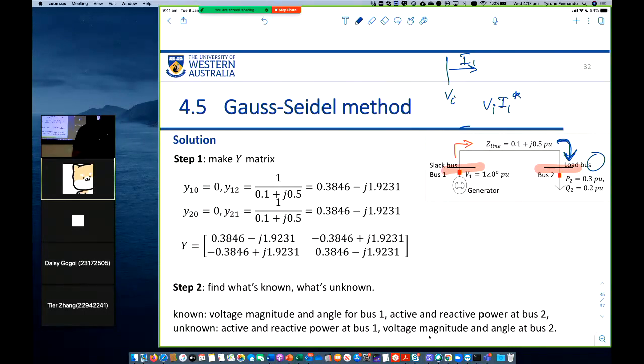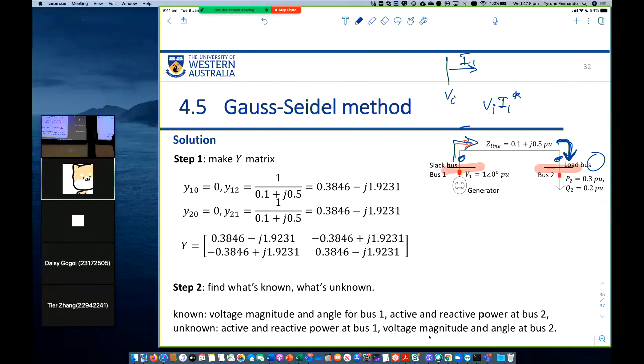The current flowing in here is this voltage minus this voltage multiplied by the admittance of the line. Now I'll ask you another question. What is the active power loss and reactive power loss on the line? If I know the power flowing here and the power flowing in here, do I know the loss? I know the loss. Just simply take the difference.